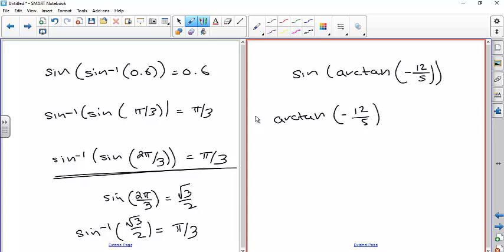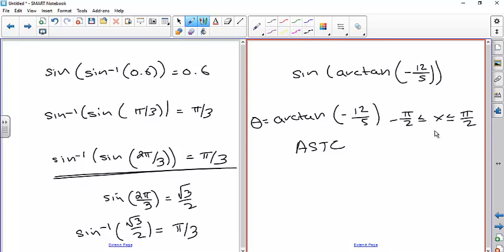negative 12/5, and say that's some angle. Theta equals the arctangent. Then you would say, okay, use All Students Take Calculus. Now, remember that the arctangent has a range between negative pi over 2 and positive pi over 2.